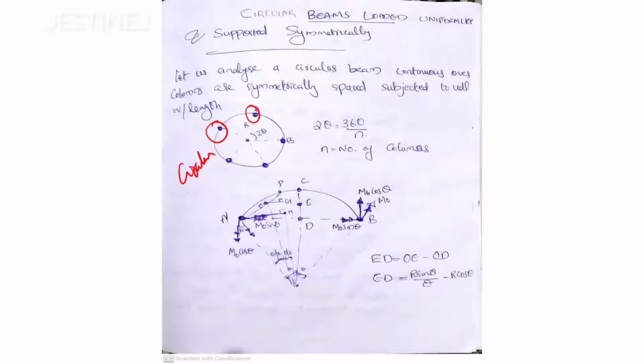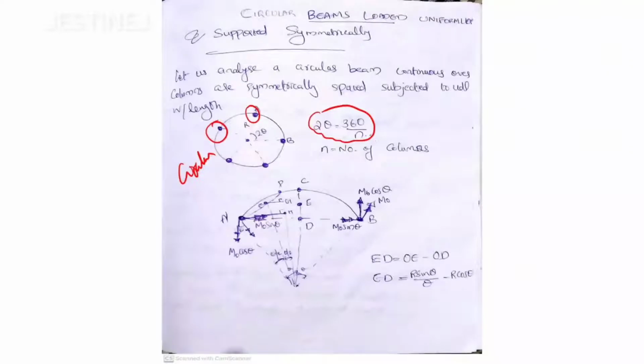And what's the specialty of providing these supports? If you observe, these supports are symmetrically spaced, the distance throughout is going to be equal, such that if you are taking a small section here, that is AB, then you can easily note down that 2 theta equals 360 by n.